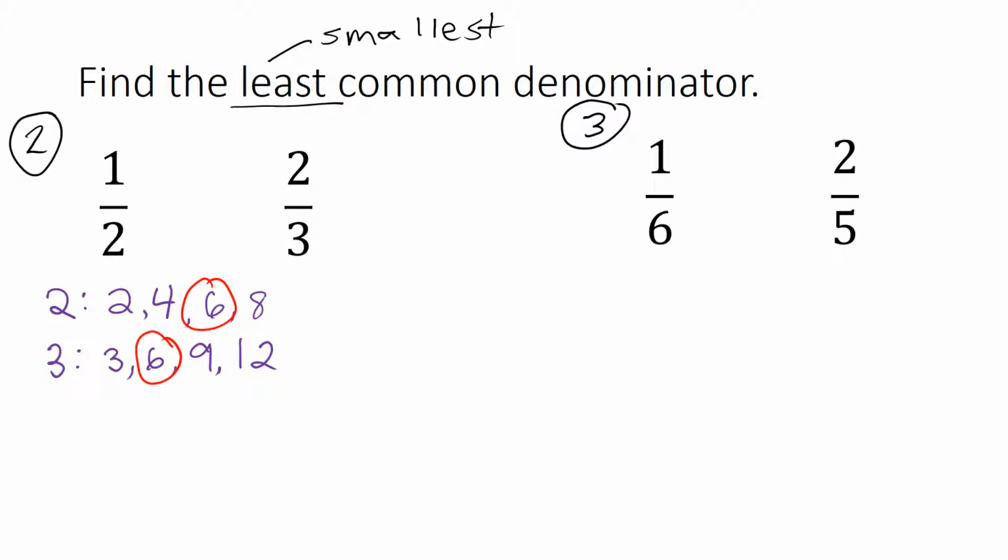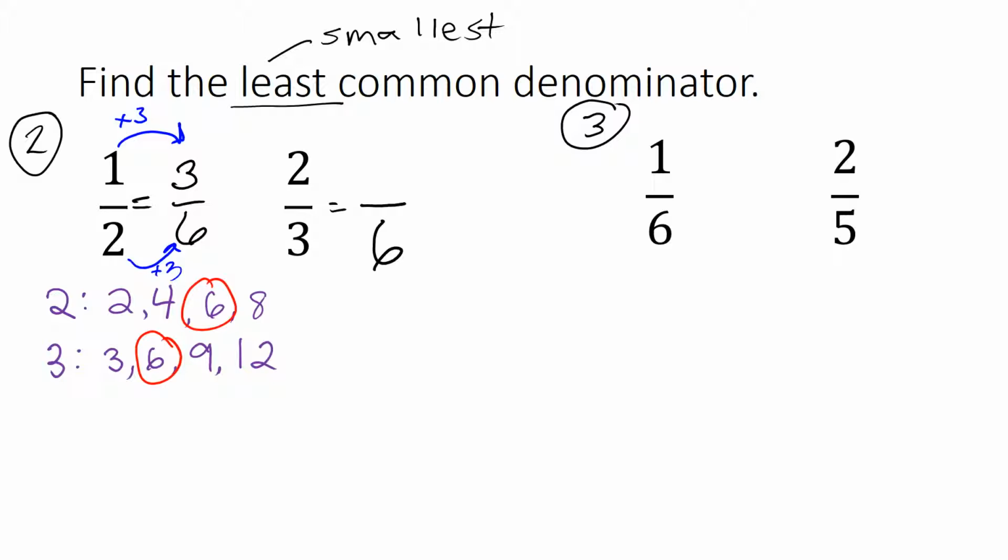So now I'm going to rewrite these fractions with a denominator of 6, something that's an equivalent fraction with a denominator of 6. How do I get from 2 to 6? Well, I multiply it by 3. If I do the same thing to the numerator, 1 times 3 is 3.